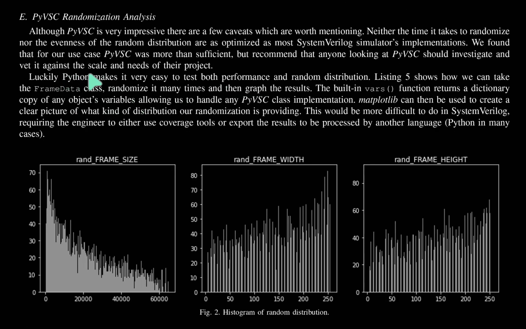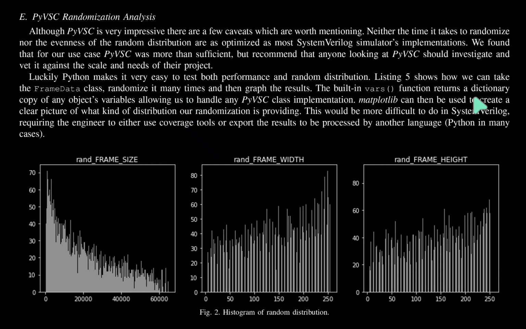Luckily, Python makes it easy to test both performance and random distribution. Listing 5 shows how we can take the frame dataclass, randomize it many times, and then graph the result. The built-in vars function returns a dictionary copy of the object variables, allowing us to handle PyVSC class implementation.